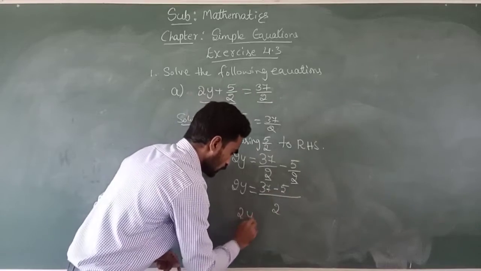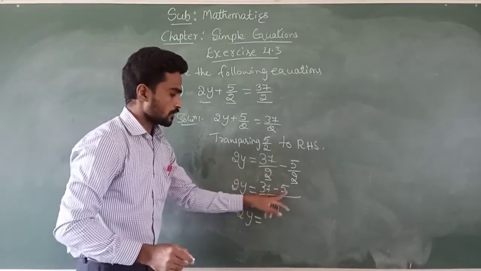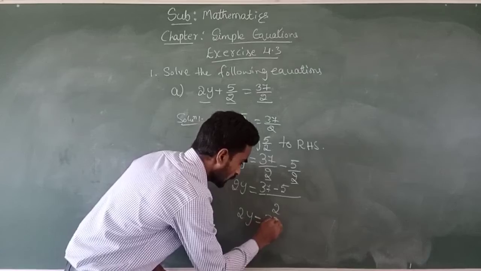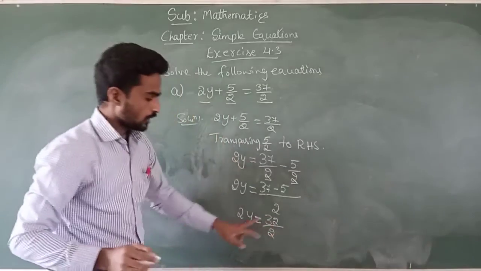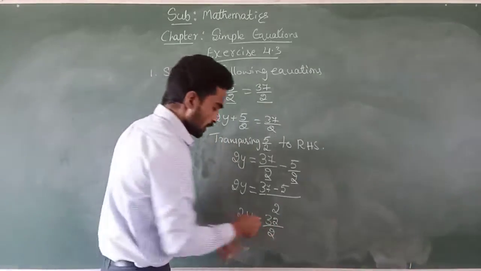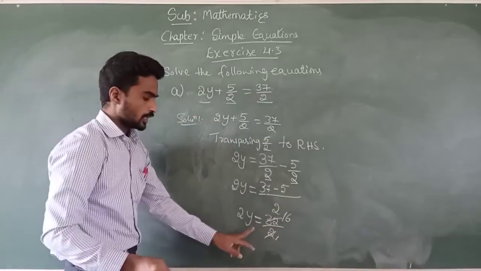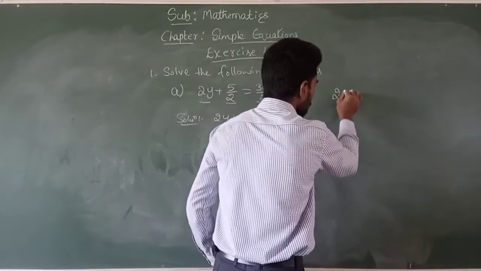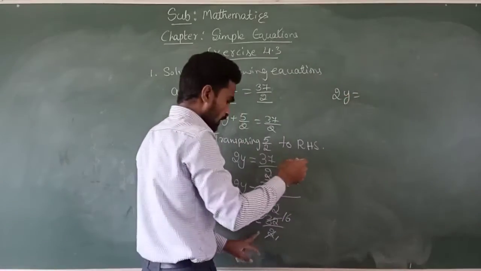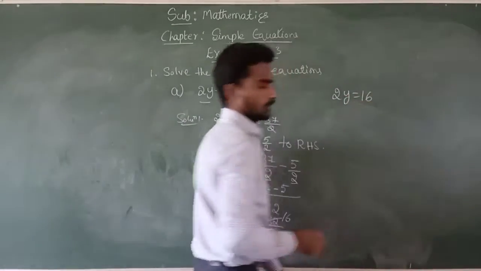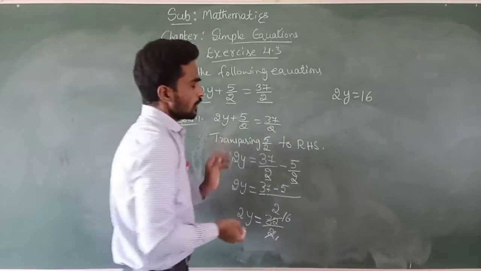We get 2y is equal to 37 minus 5, which is 32 divided by 2. This 32 is easily divided by 2: 2 ones are 2, 2 sixteens are 32. Then 2y is equal to 16.